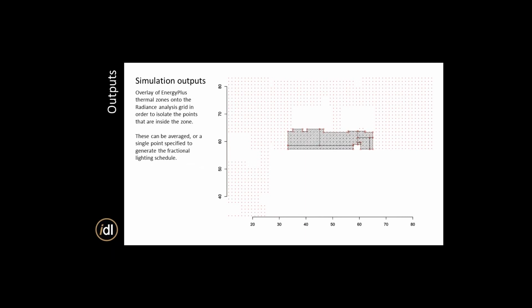We would take the EnergyPlus IDF and parse it to isolate the floors of each particular zone and see how many of the daylight analysis grid points fall within that zone. From that point, you can either average all those points to give you an average lux in that space, or you can locate a particular sensor that you would like to control your lights. So either of those would work.